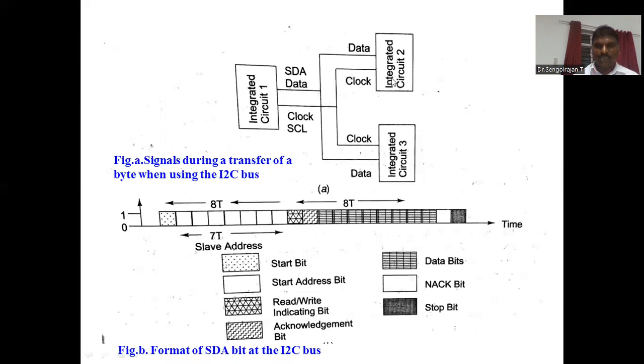Let me see the diagram above, which illustrates how signals are transferred during the transfer of a byte when we use the I2C bus as a synchronous serial link. Here, one integrated circuit is connected to a synchronous serial bus.